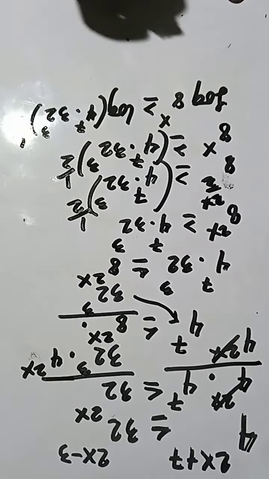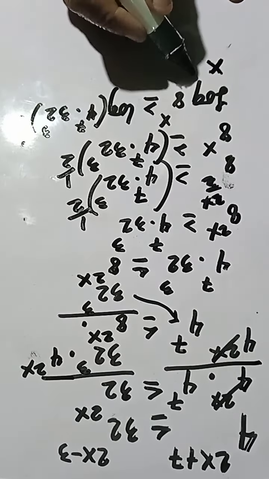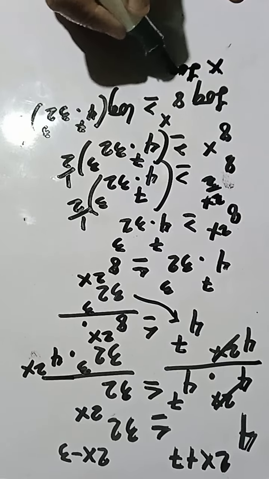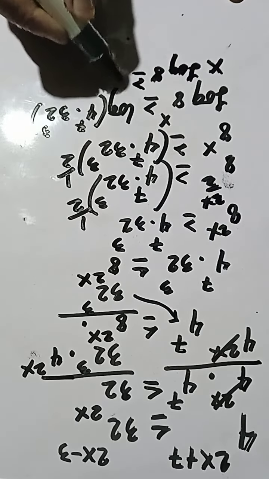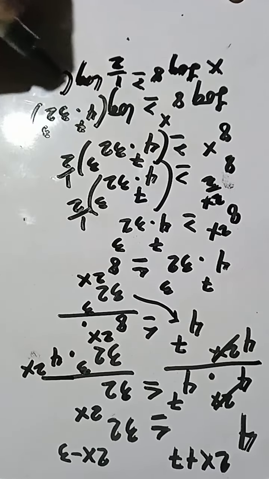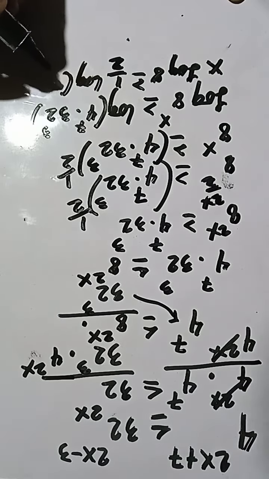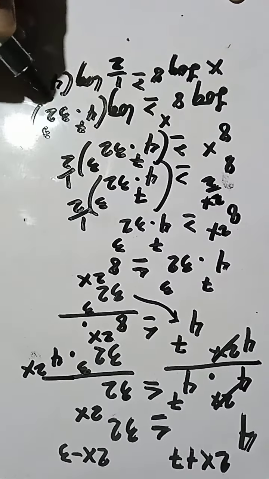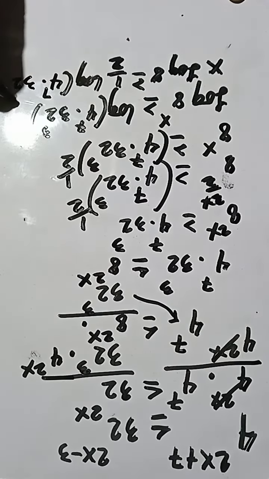And so we have x log 8 is greater than or equal to 1/2 log of 4 raised to 7 times 32 cube.